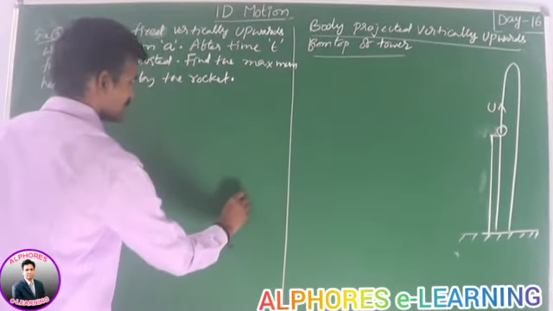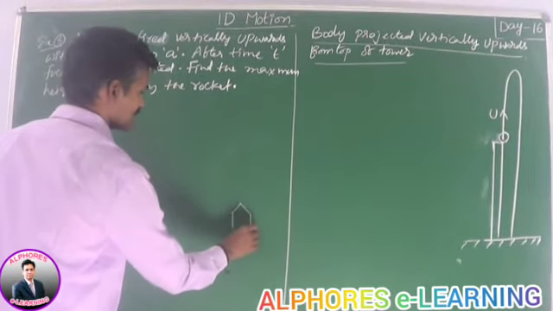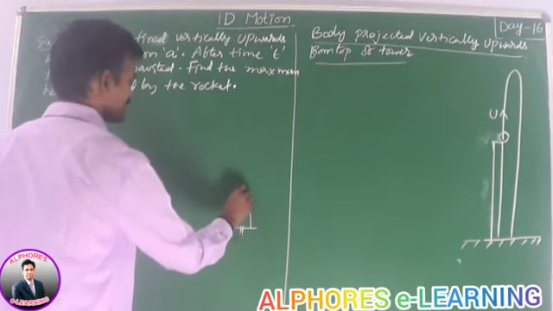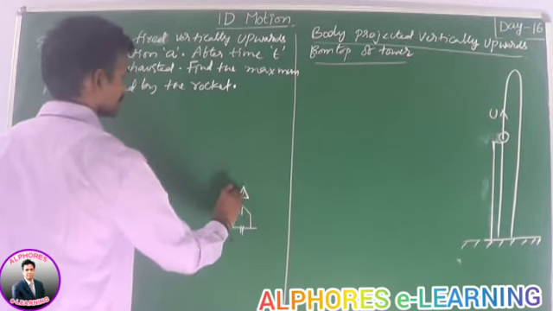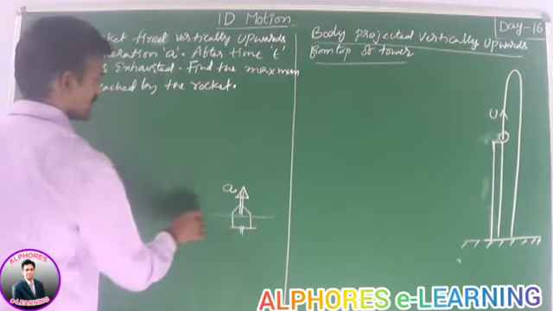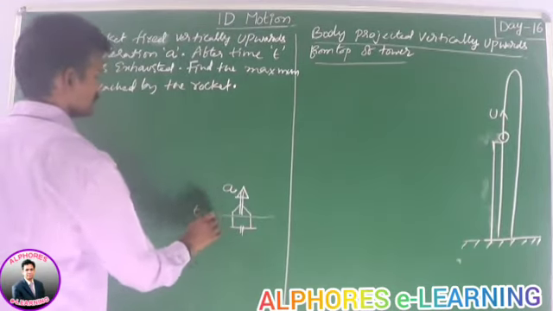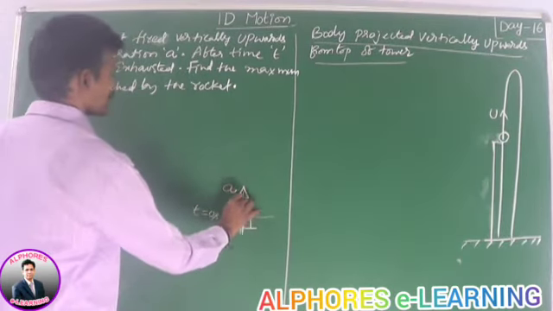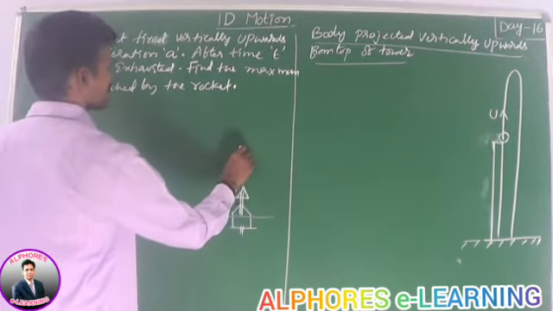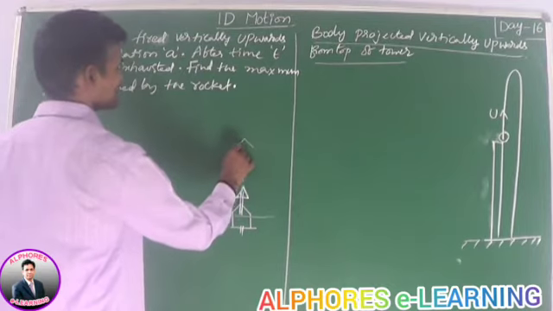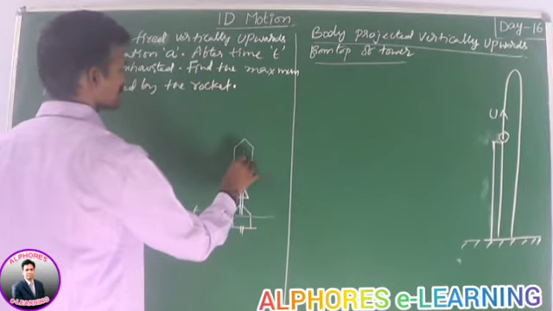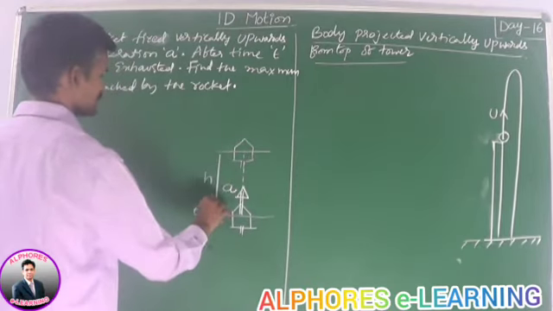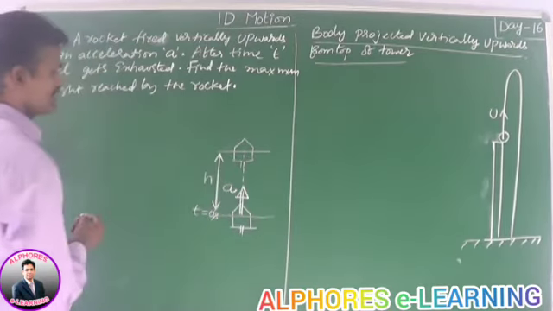Rocket fired vertically upwards. Suppose this is my rocket. This rocket is fired vertically upwards with some acceleration A at t equal to 0 seconds. This rocket accelerates for some time. Thereafter, its fuel gets exhausted. Suppose it reaches some height h here.